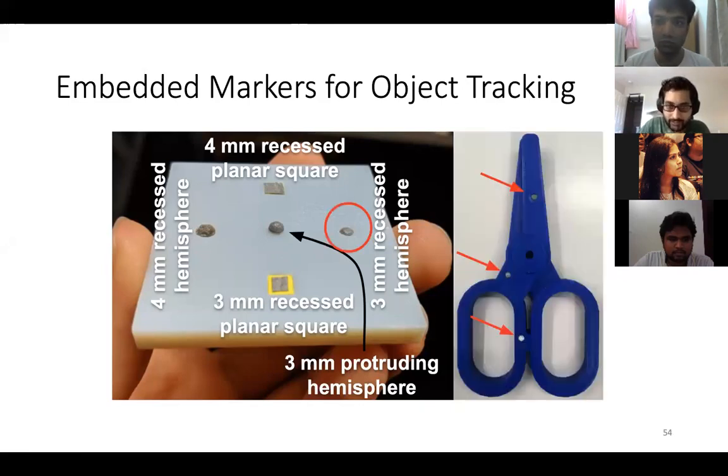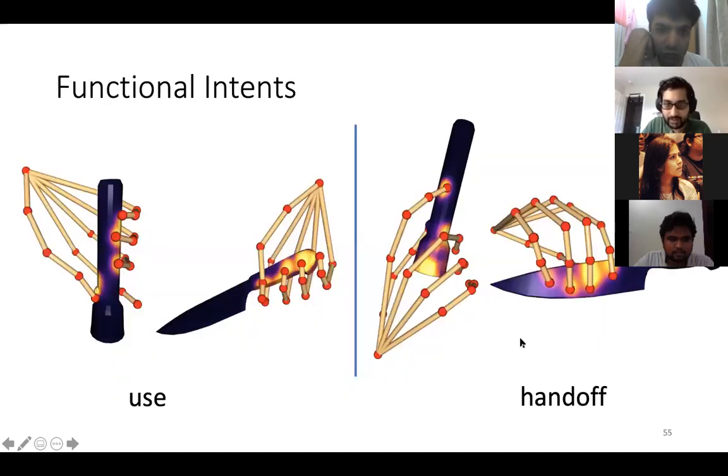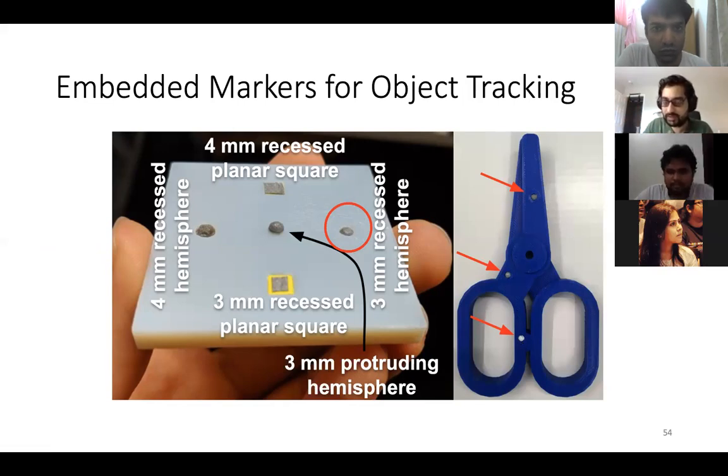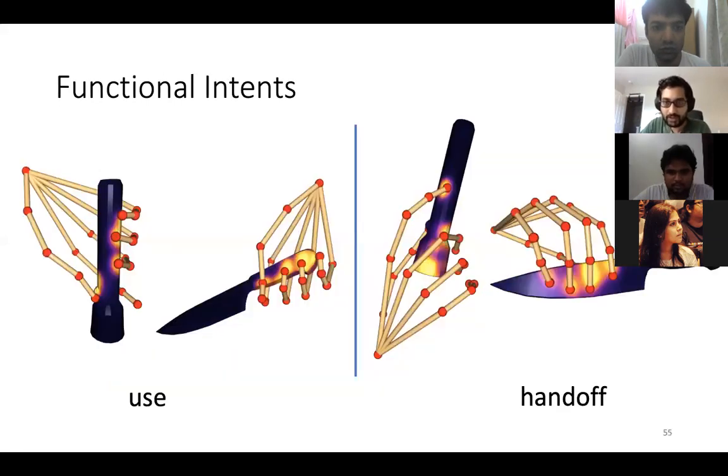To avoid that, while 3D printing, we introduced small cylindrical recesses in the surface so that the marker can be put inside, and it's flush with the object surface. You can see that here. That allows us to track the object by tracking these markers, but at the same time, it's interfering very little with the natural grasping behavior.